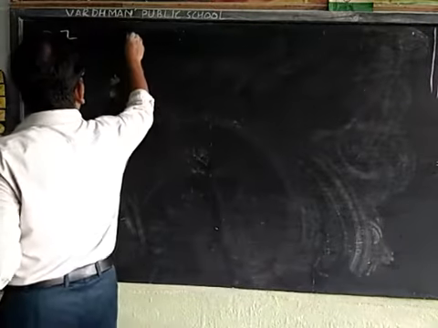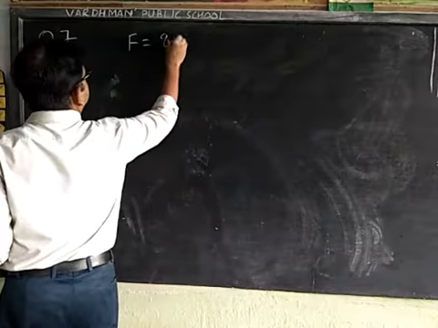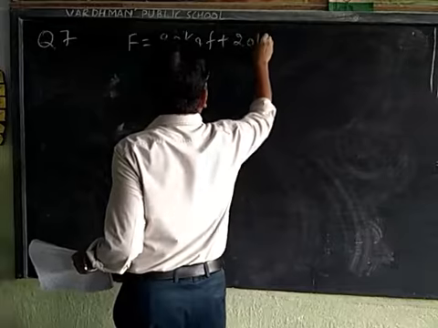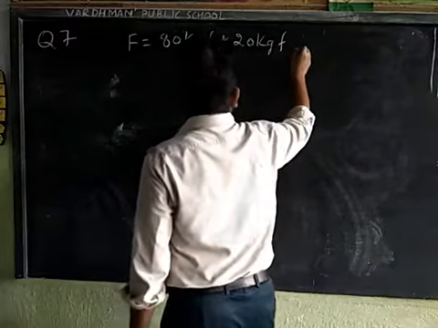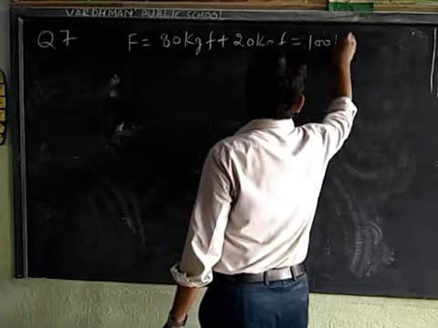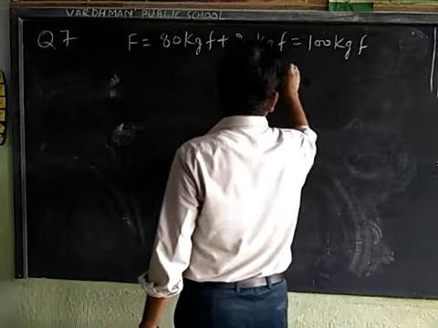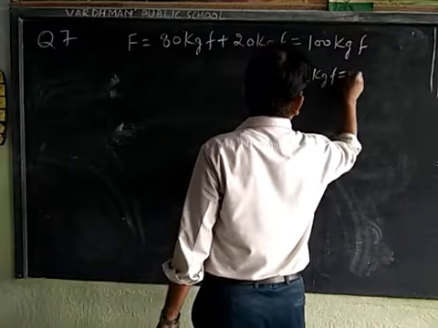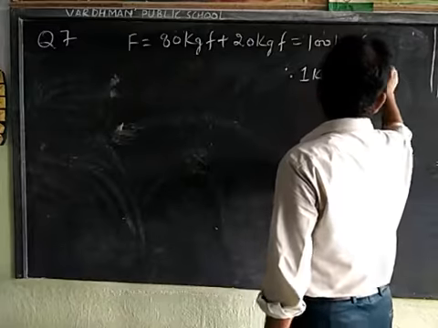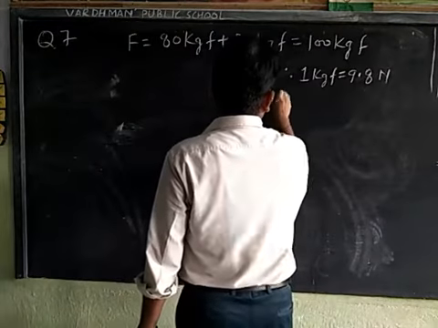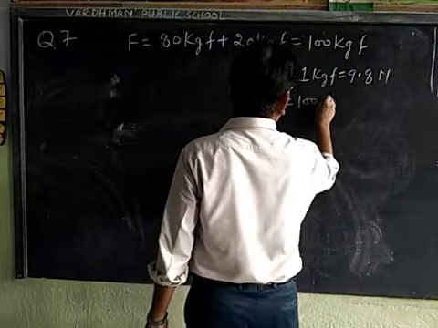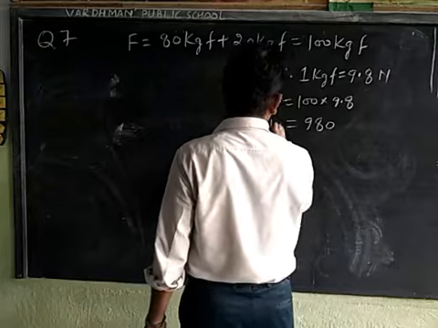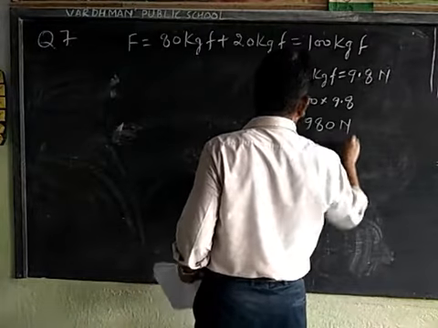That is F is equal to 80 kilogram force plus 20 kilogram force, which is equal to 100 kilogram force. Since 1 kilogram force is equal to 9.8 Newton, therefore F is equal to 100 into 9.8, that is 980 Newton.